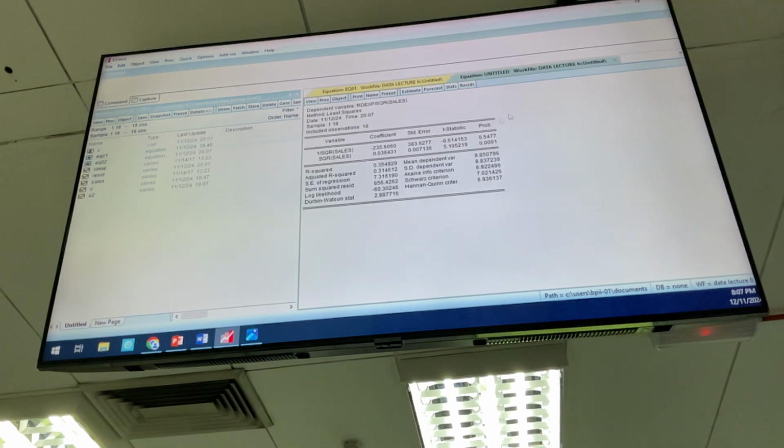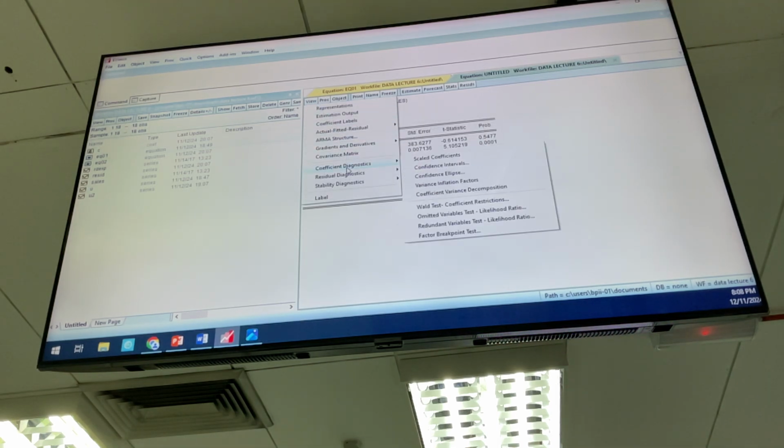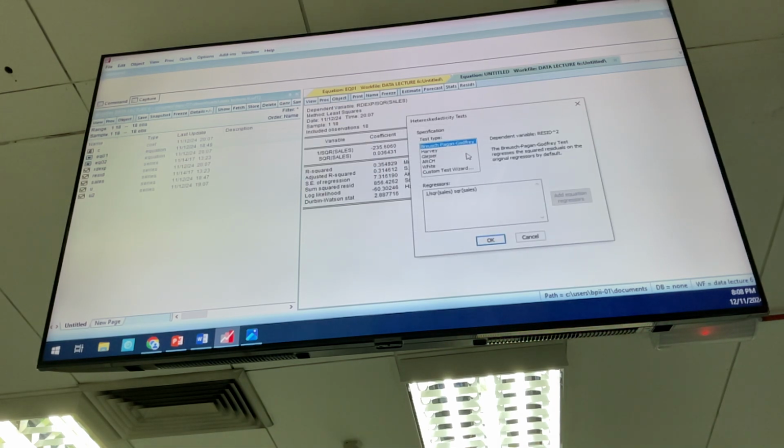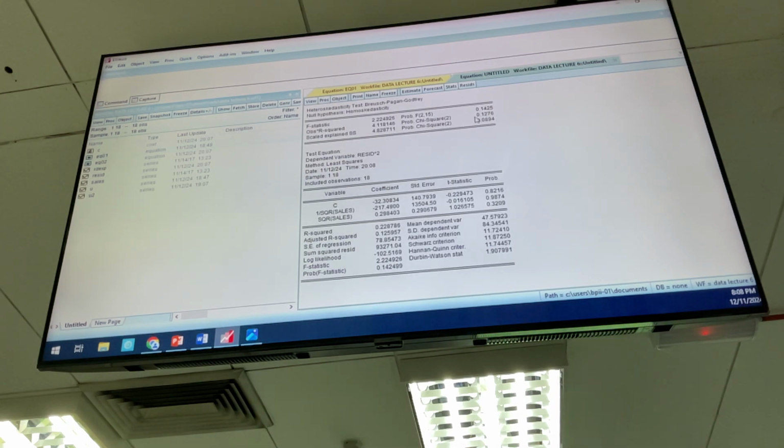But now after we transform, by assuming that the error variance is proportional to the value of sales, we divide by the square root of sales, and then if you perform the test again, redo the test now, the p-value is now larger than 0.05. So we managed to lessen the problem.